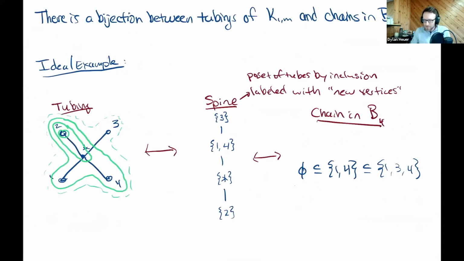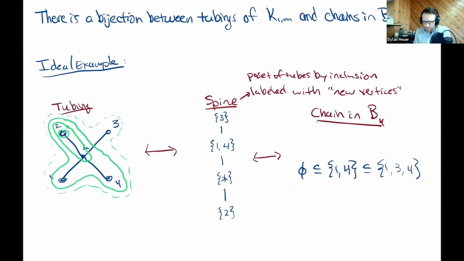So I won't get too much into this bijection, but I put an example here of how we can get from a tubing to a chain in the Boolean lattice. It goes through a secondary thing sometimes called a spine, which is if you take the tubing, you just order the tubes by inclusion. And then to make things a little bit easier, instead of labeling every tube with all of the vertices in it, you label it with just the new ones that weren't contained in a previous tube.